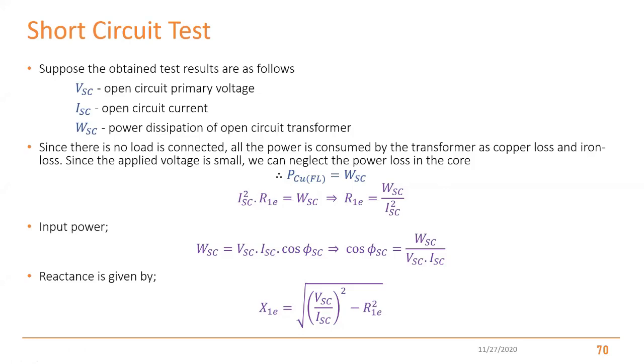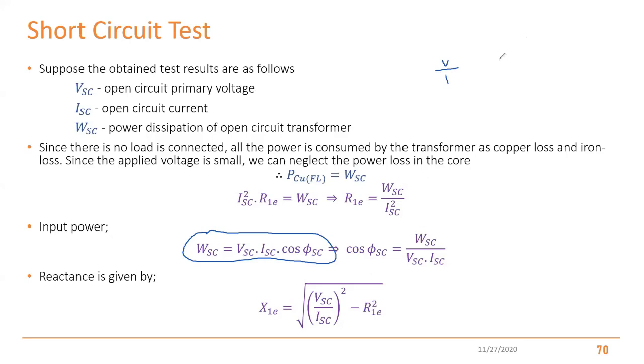In the same way, you can use this equation also. The input power is given by V I cos phi. From that you can find the short circuit power factor. Then if you divide the voltage by the current, it gives the total impedance.